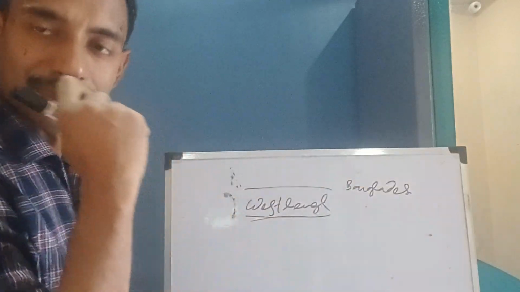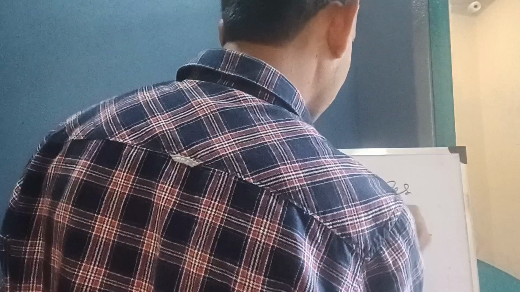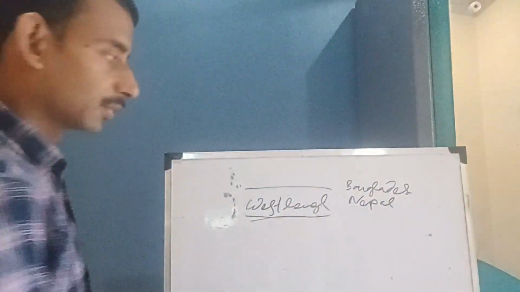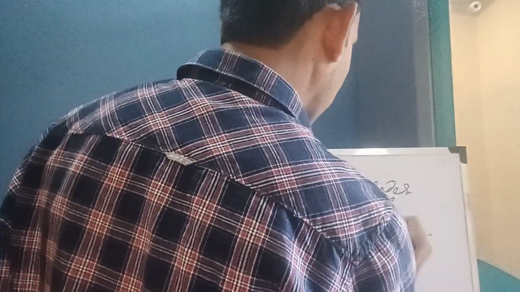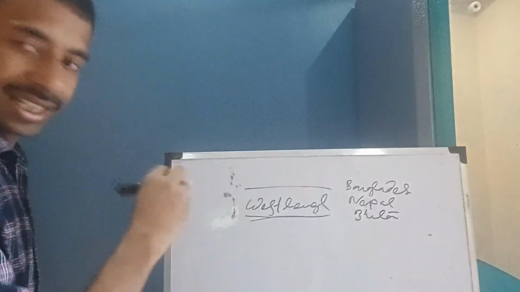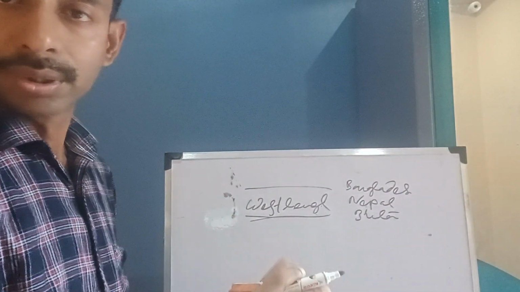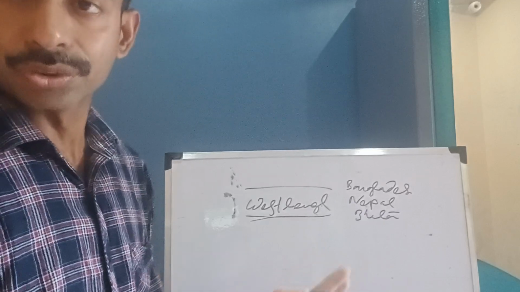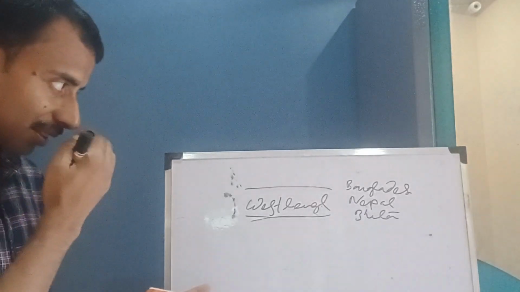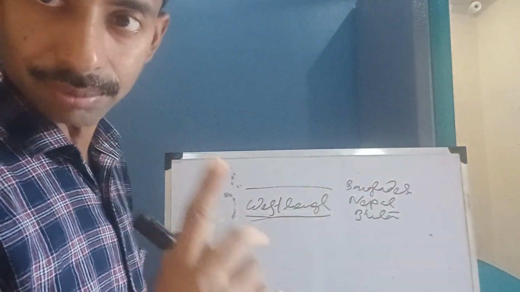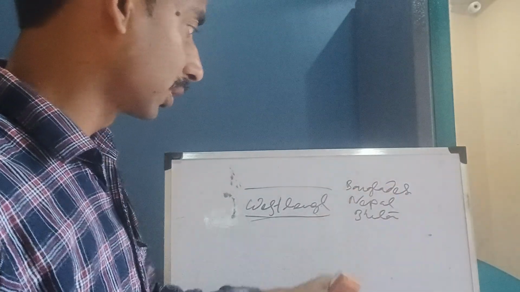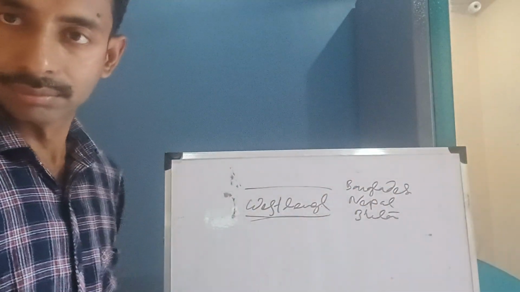Then it also shares a border with Nepal and Bhutan. Here there is no concept of a Pakistan or China border, because West Bengal does not share borders with Pakistan or China. It shares its international borders with Bangladesh, Nepal, and Bhutan.